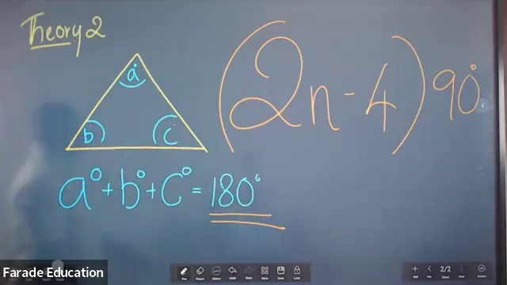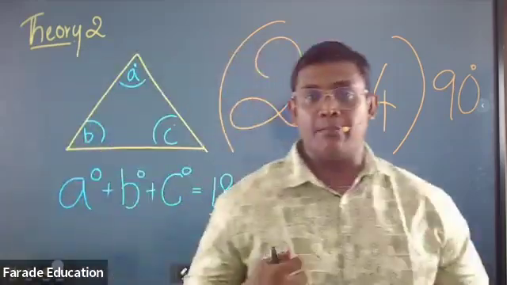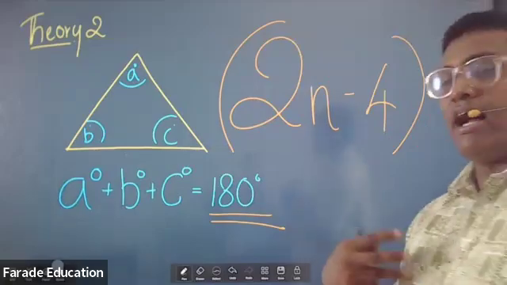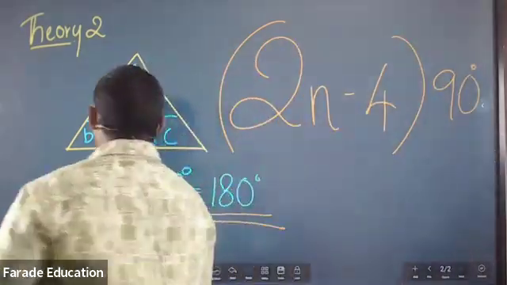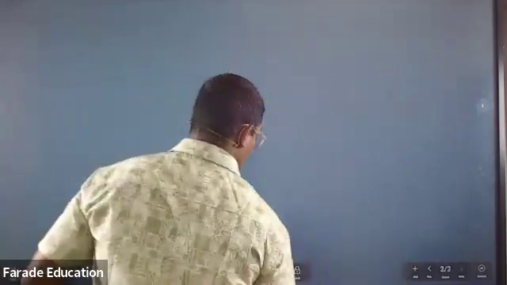Likewise, you can find it for any number of sides in a polygon, whether it's a quadrilateral, pentagon, hexagon, heptagon, octagon, nonagon, decagon, whatever. Okay? That is theory number 3 that you need for this question.